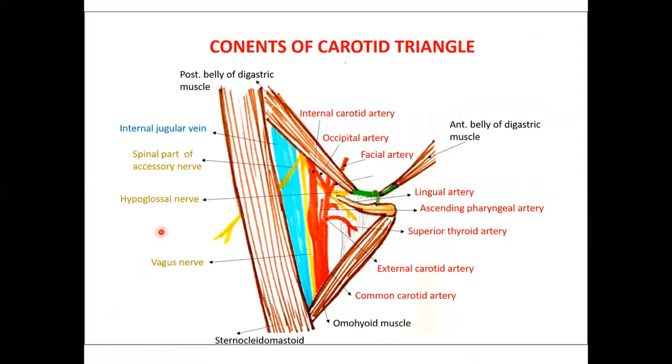All right, oh, and this is a drawing. Okay, so sternocleidomastoid muscle, superior belly of omohyoid, posterior belly of digastric. Here's your common carotid artery, your internal carotid, your external carotid, superior thyroid, lingual, facial arteries, occipital artery, and then ascending pharyngeal is back here as well.